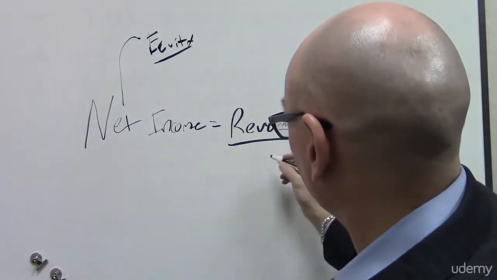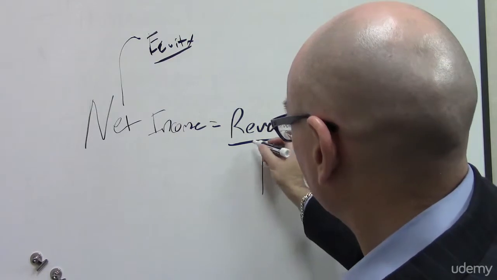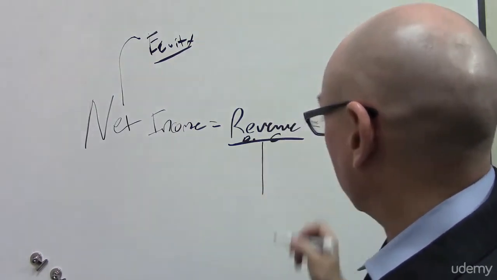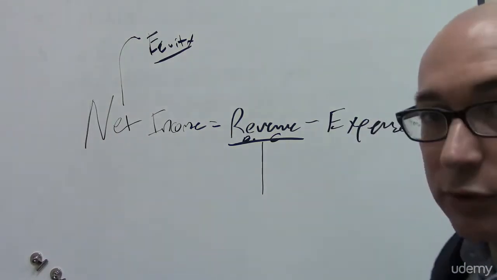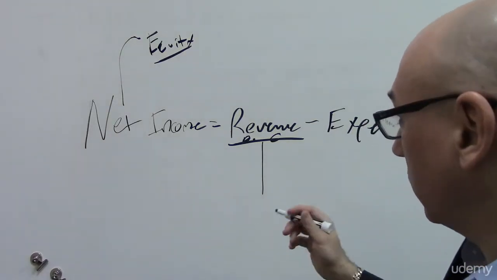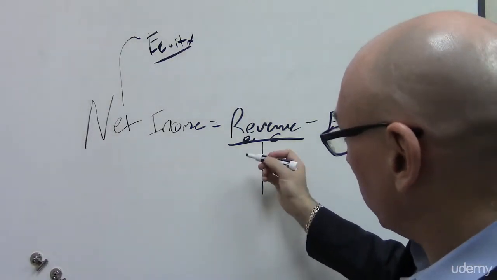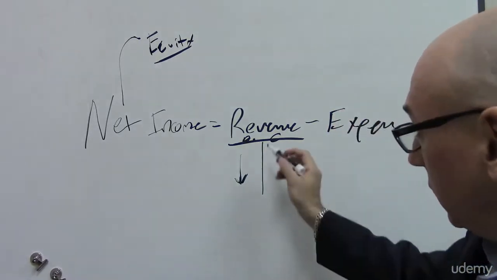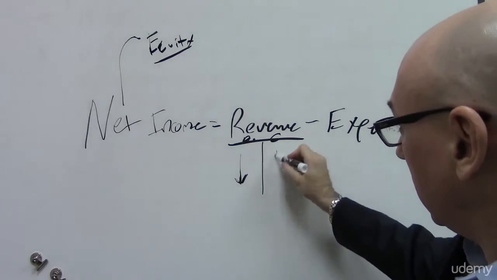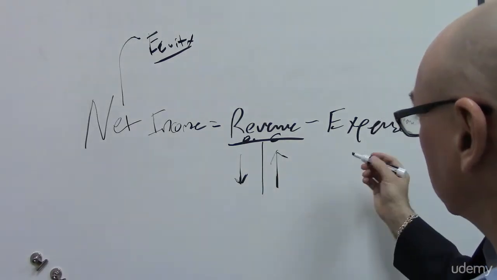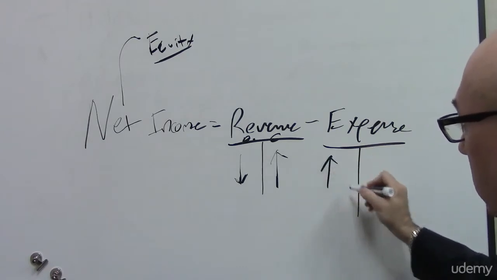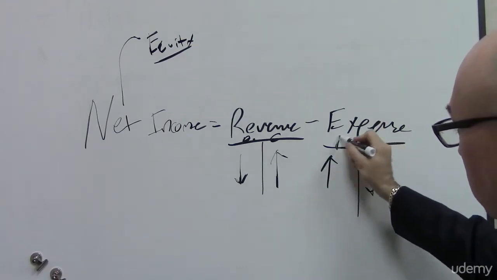Revenue: debit, credit. Debits are always on the left. Revenue is decreased with debits and increased with credits. Expenses are increased with debits and decreased with credits.